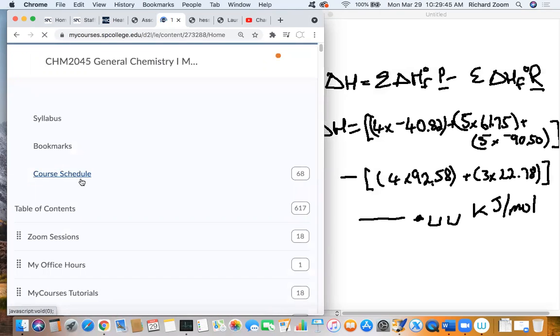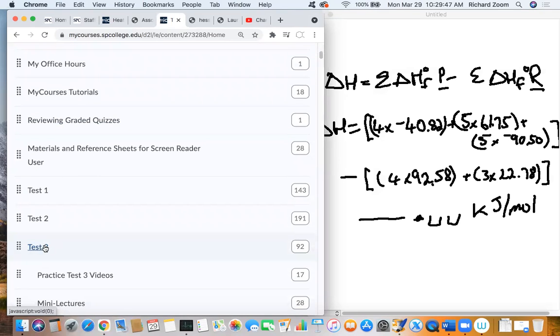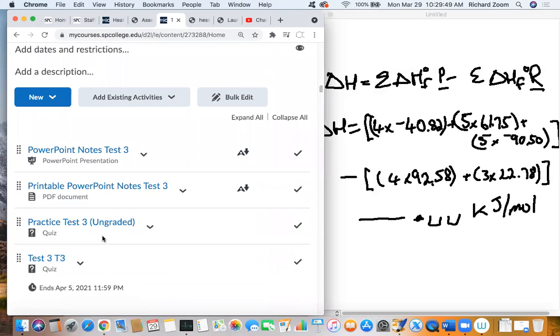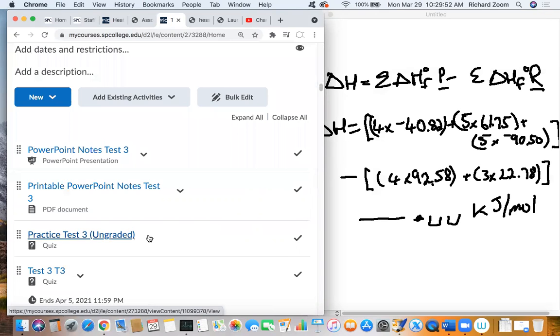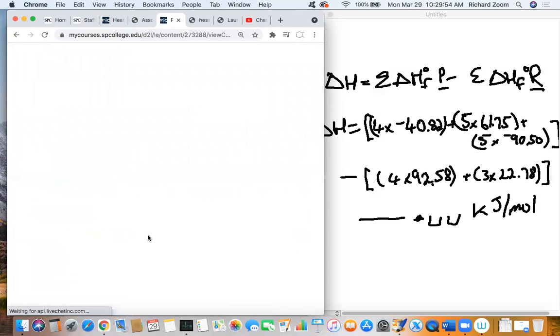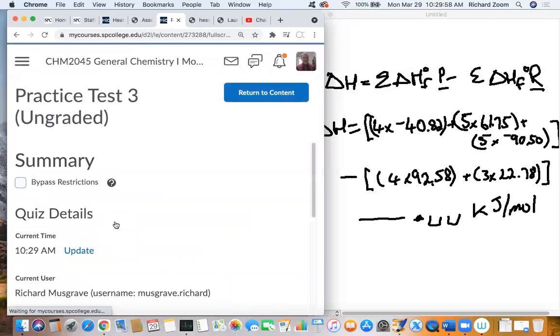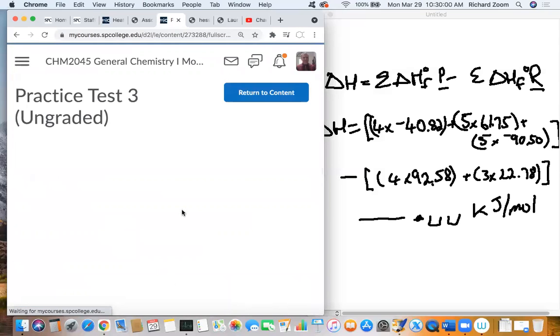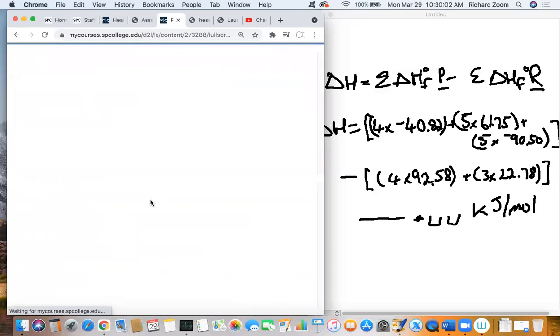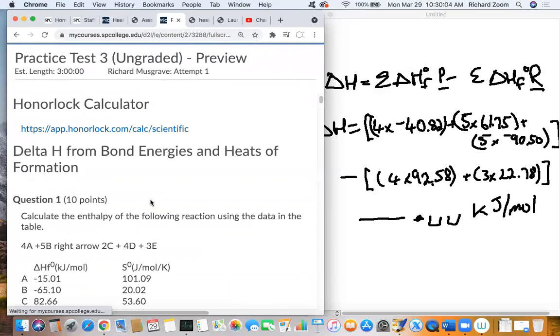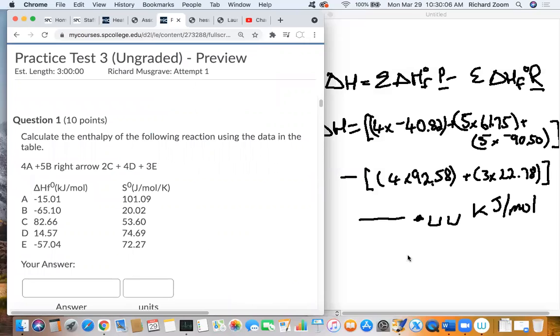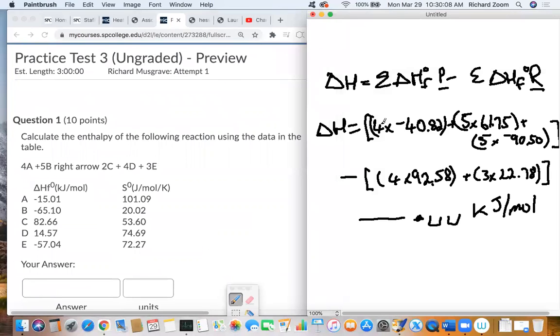It's a bit slow on here for some reason. There we go, practice test 3, preview. All right, so this gives you an idea. You can see that the numbers miraculously changed here.